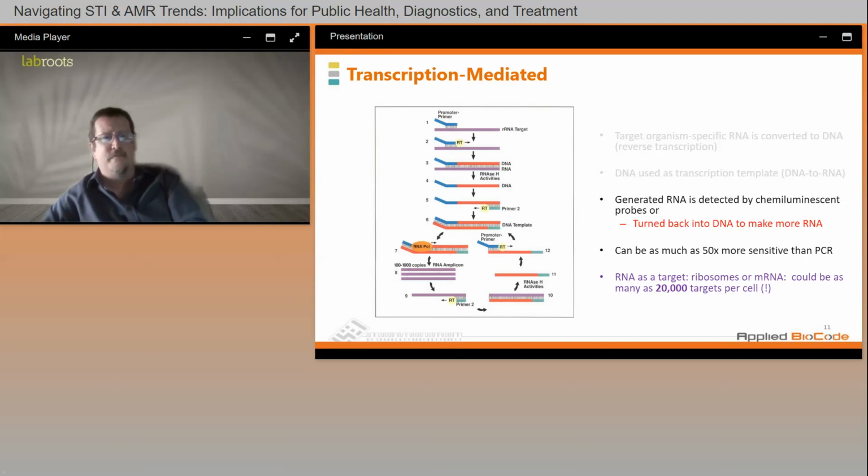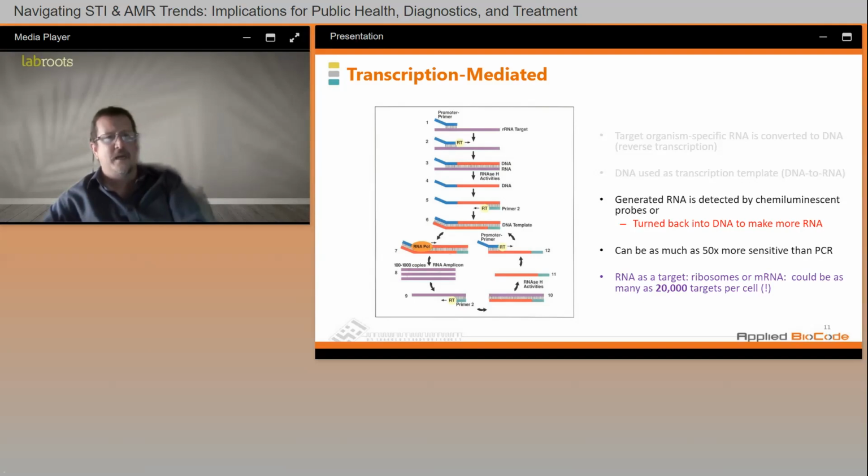So that means that every organism that you could potentially be looking for might have something like 20,000 targets in it. And so remember when I told you earlier that you could detect less than an organism? Well, now you know. If one of these organisms died and broke open and spilled its ribosomes out, you could detect a couple of dozen of those ribosomes, and you'd be detecting like 1% of the ribosomes in that organism. So you can see how powerful it is.